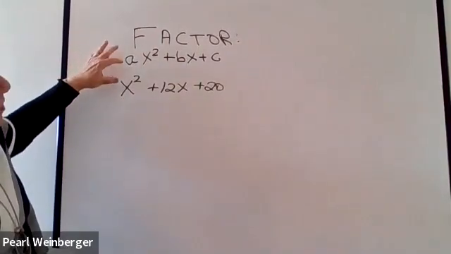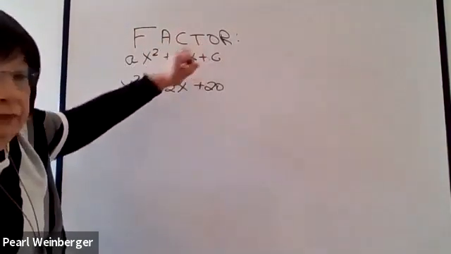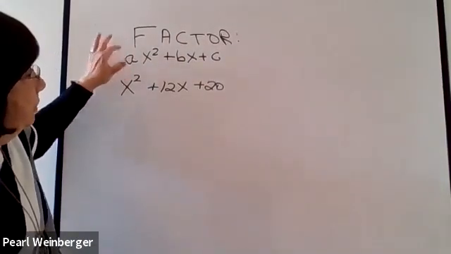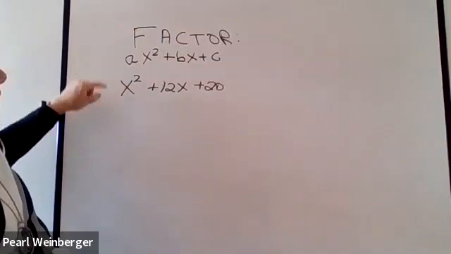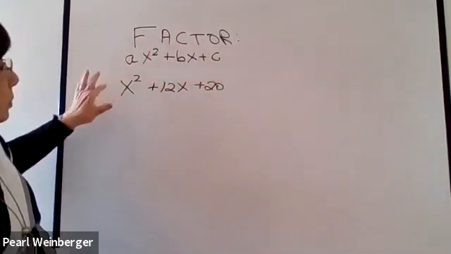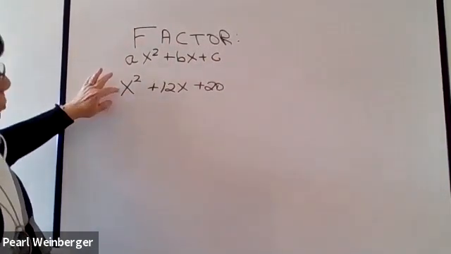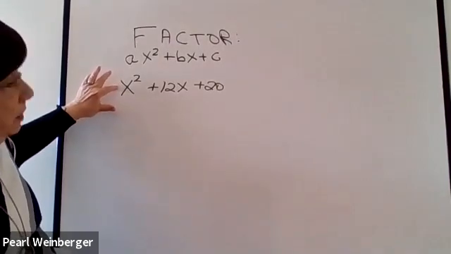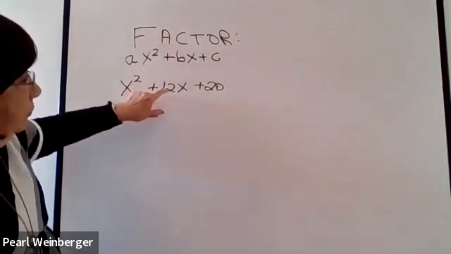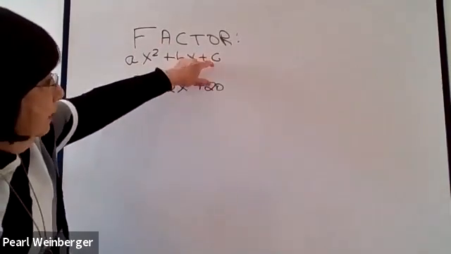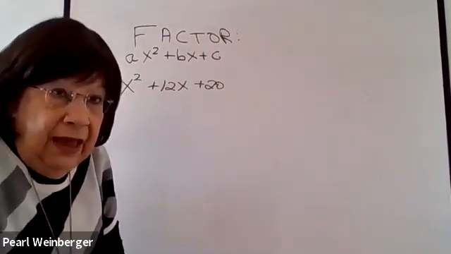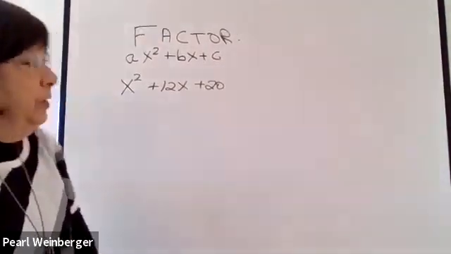And every different trinomial will have different numbers for the A, the B, and the C. If I look at this trinomial, I see that there's no number in front of the x squared, so the A in this case is 1. The B, the number in front of the x, is 12, and the C is 20. You can always pick out what the A, the B, and the C is.